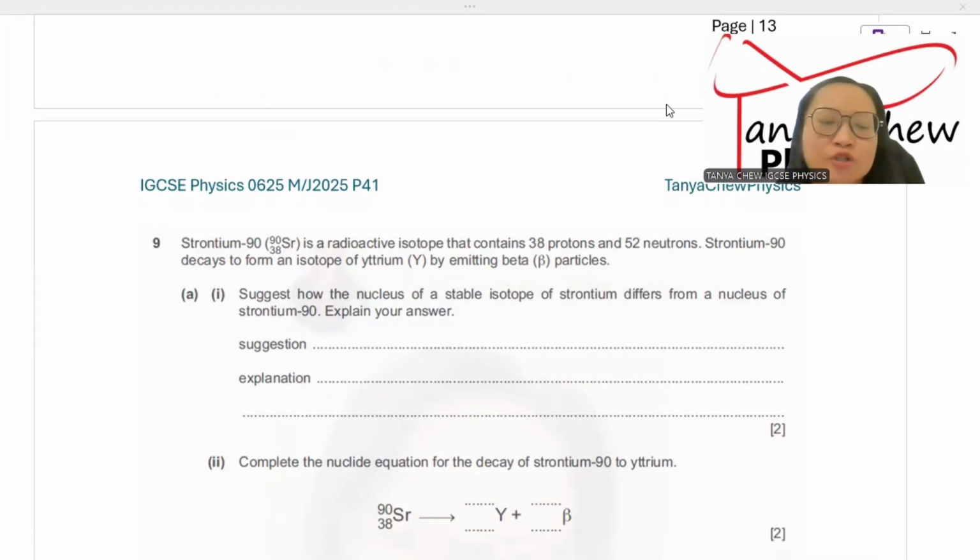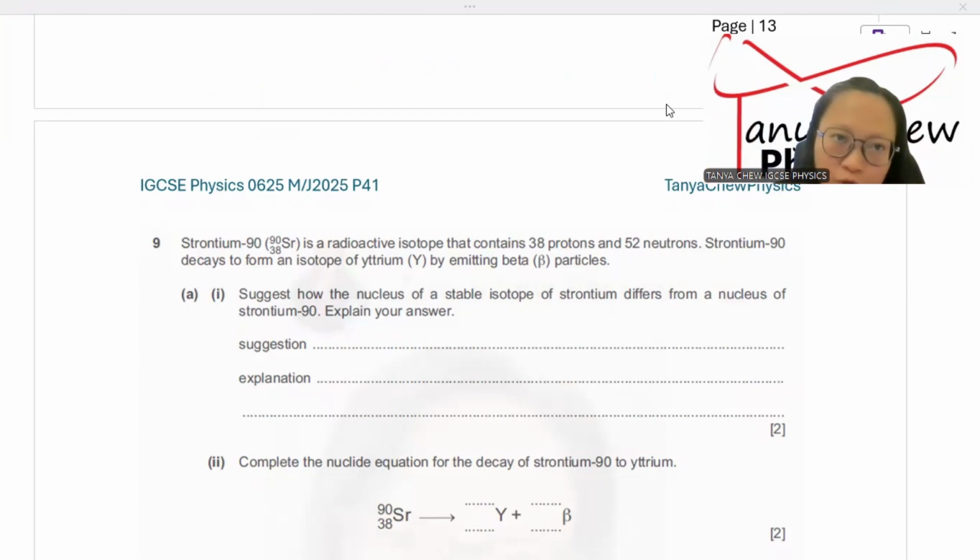Now, number 9. Strontium-90 is a radioactive isotope that contains 38 protons and 52 neutrons. Strontium-90 decays to form an isotope of yttrium by emitting beta particles. Part 1: suggest how the nucleus of a stable isotope of strontium differs from a nucleus of strontium-90. Explain your answer. Now, I want you to just remember this.